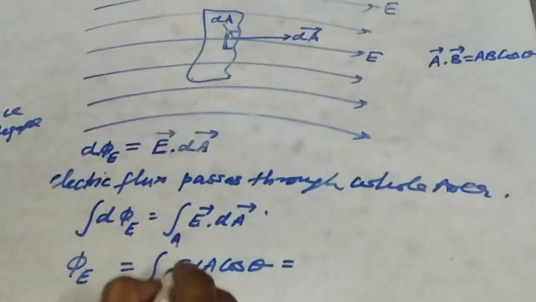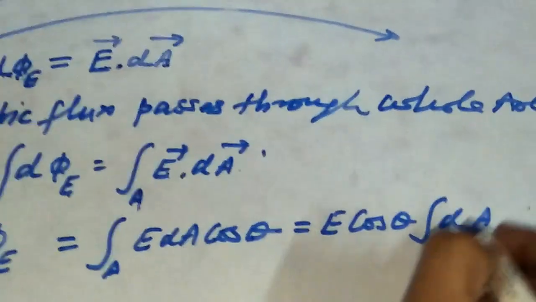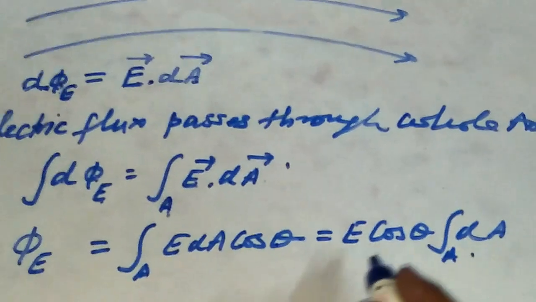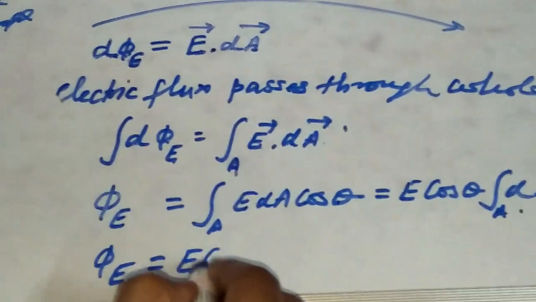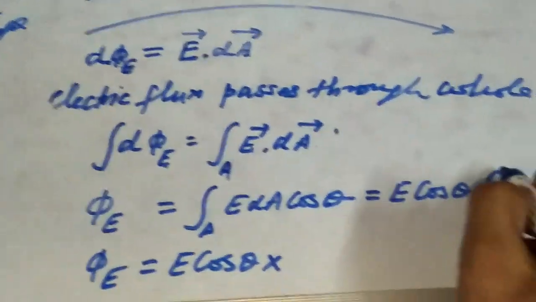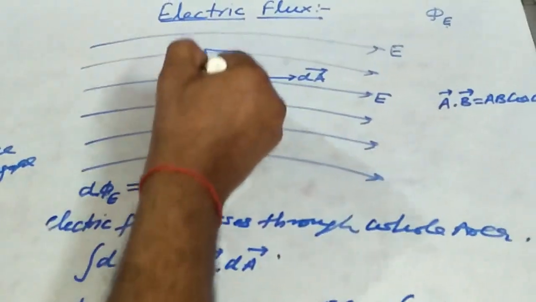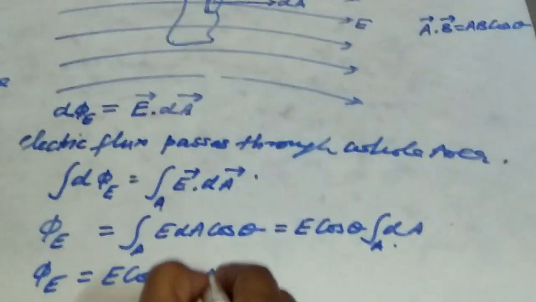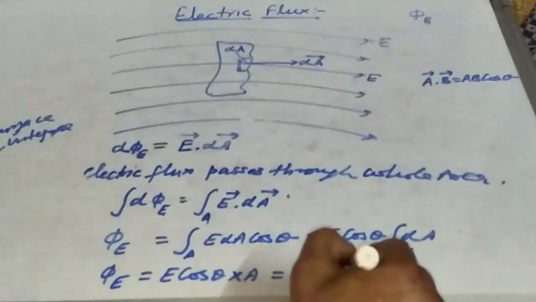Finally, you will take E cos theta outside, and here you will get the integration of dA for this area element. Electric flux phi E is equal to E cos theta times the integration of dA, where dA is the small area element taken from this surface, and the whole integration of dA means the total area of this surface, which is A. Finally you can say this is equal to EA cos theta.